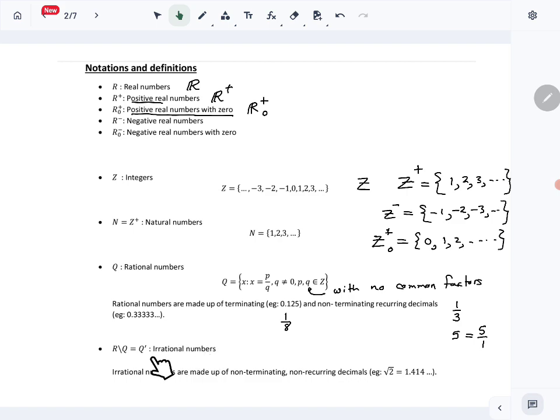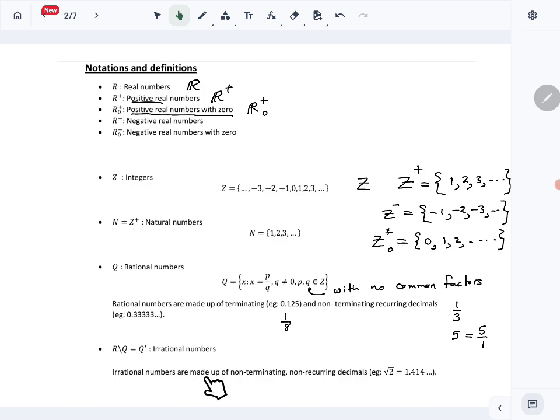Then irrational numbers. Irrational numbers are denoted as R/Q. This means from real numbers, take out the rational part. Then what is left is the irrational numbers. It's also denoted by Q dash. So Q dash or R/Q is the notation for irrational numbers.